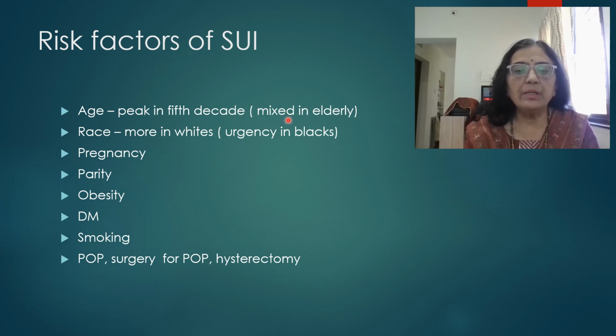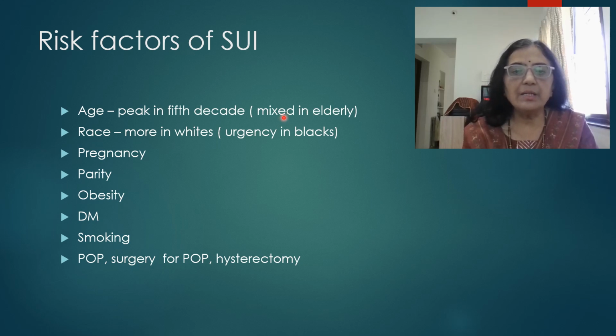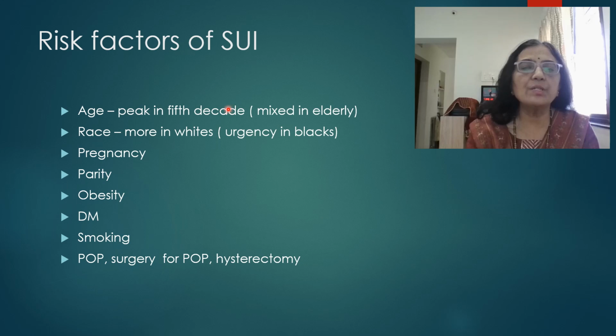What is more common in this elderly population is a mixed type of incontinence. So you must understand that sometimes a patient may approach a doctor in her 70s with SUI, but she has had SUI since 1 or 2 decades. So onset of SUI is maximally seen in the 5th decade.